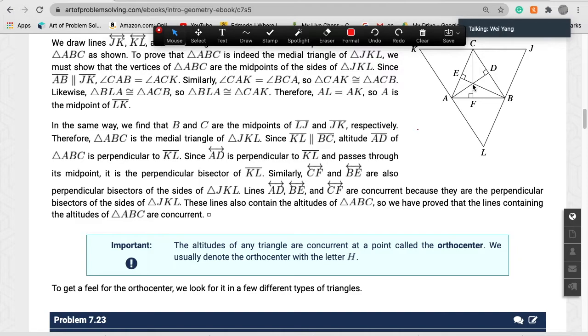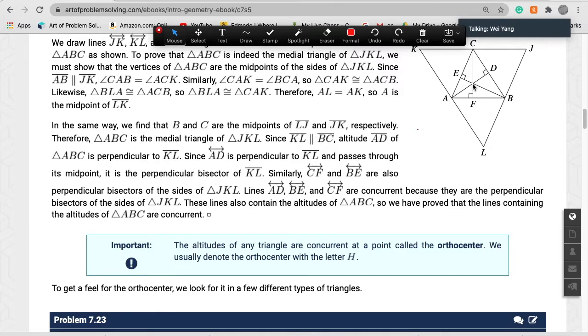In the first section of this chapter, we already proved the side bisectors of a triangle are concurrent. That means they intersect at a common point.